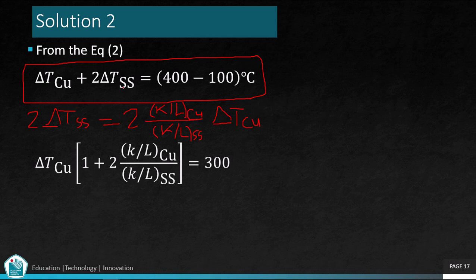So this one plus delta T_CU, by using algebra, we can have this equation. You can try. It's simple. And the 400 minus 100 means 300.